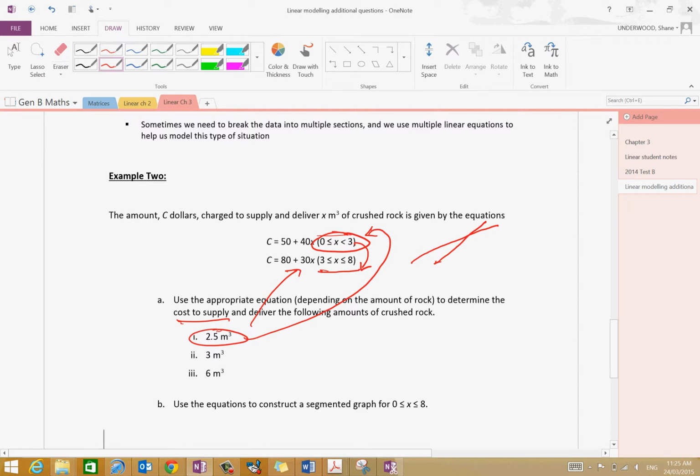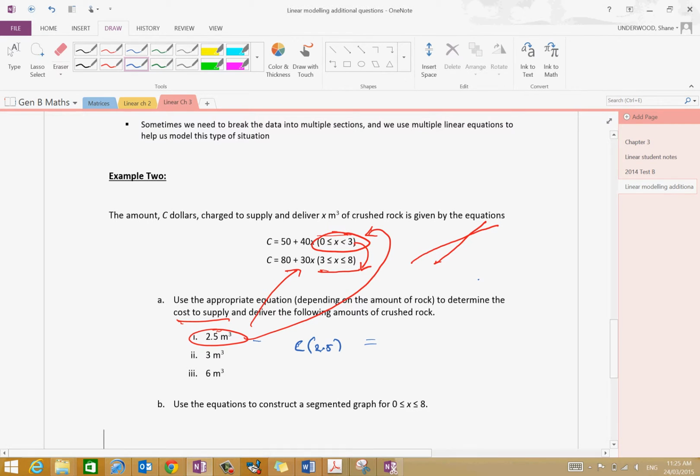Does it go into this one or does it go into this one? Well, we're looking at values of x which are less than 3 in this case. So therefore, we've got to use equation 1. So what we've got to say is we want c of 2.5.